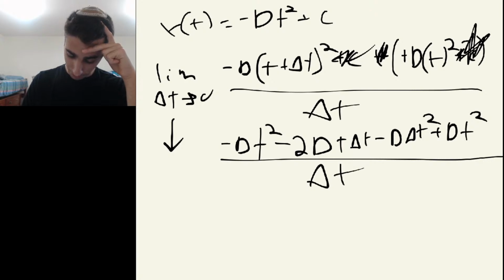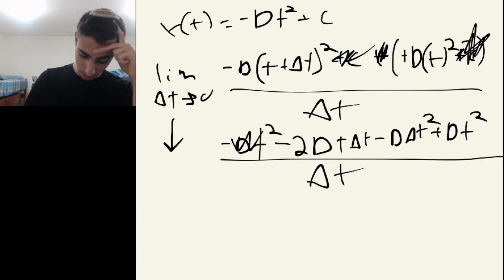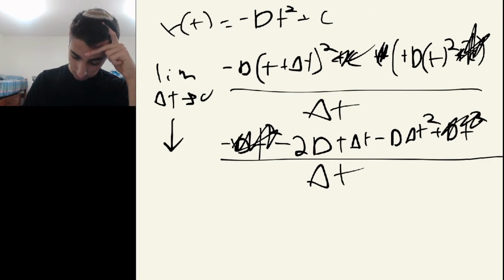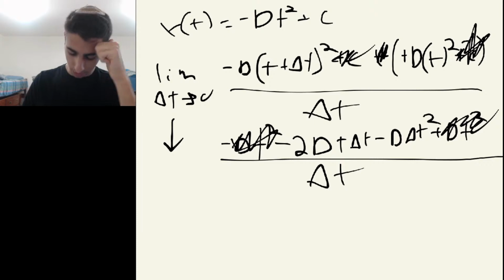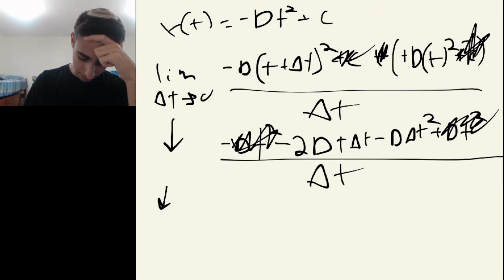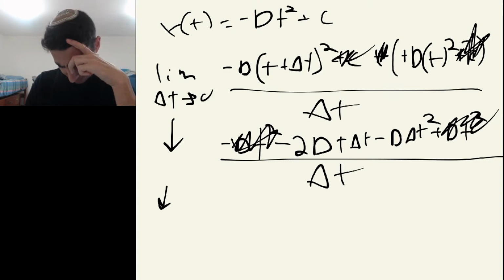So notice we have a plus d t squared and we have a minus d t squared. These two are going to cancel. Great. So now let's bring the limit down again. We could take out a d, and we could take out a t delta t, really is what I want to take out from all this.